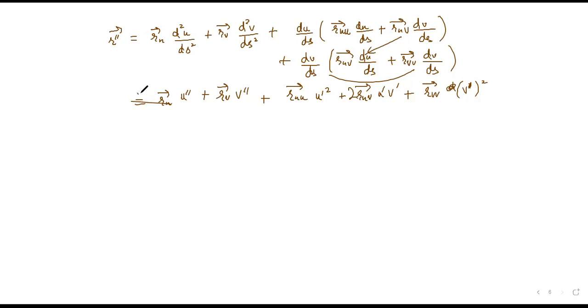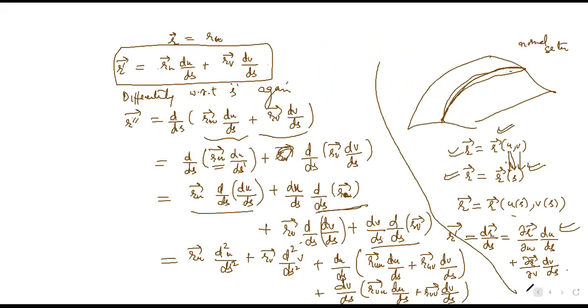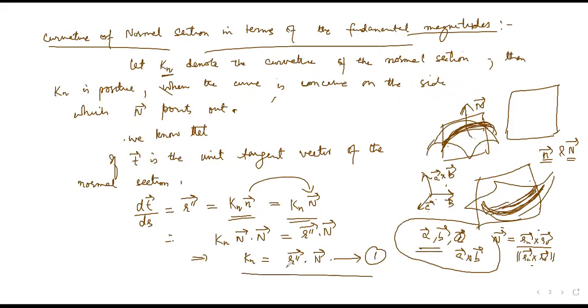Now I know that अभी तक जो मैंने नीचे लिखा था, now अगर मैं equation first लूँ अपनी, let's call that equation first. ये हो गया, इसमें r double dash को मैं substitute करूँगा.